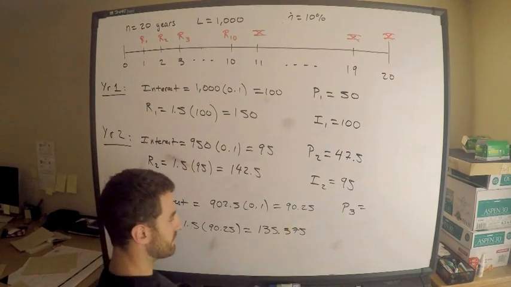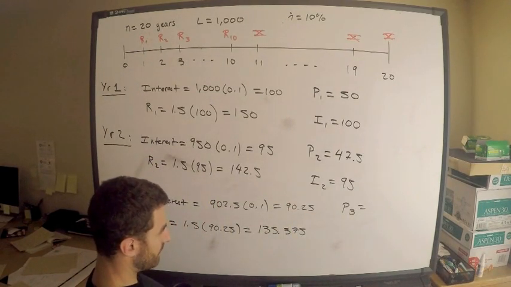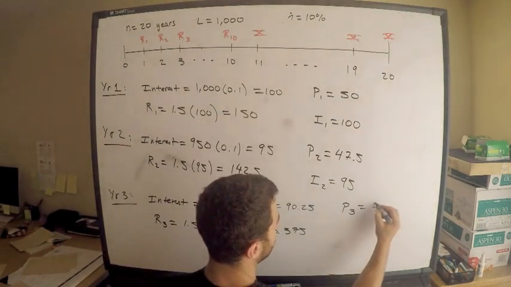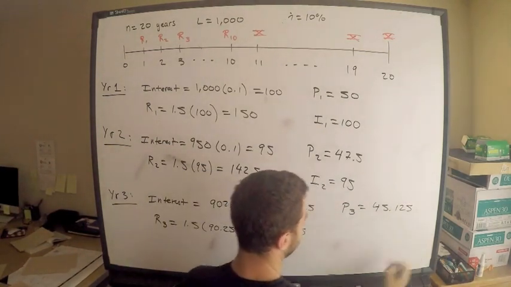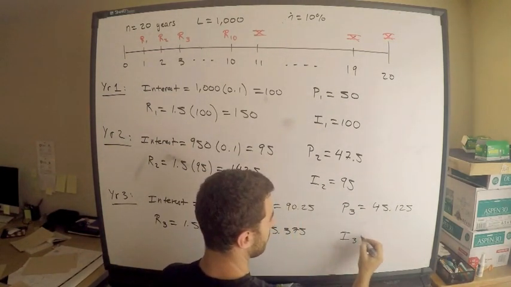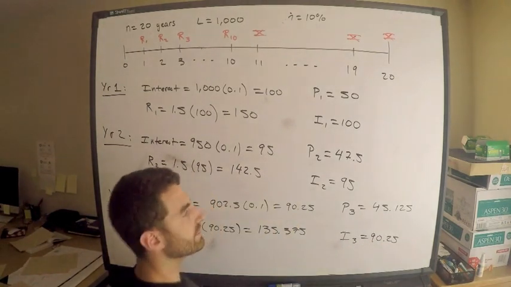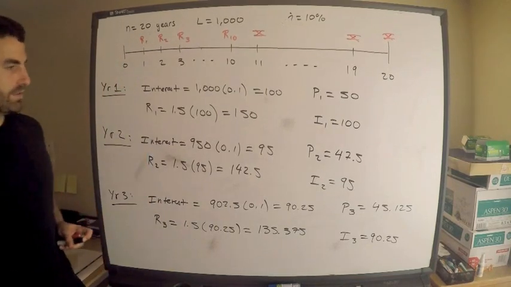It's this minus this, so it's minus 90.25, which is 45.125. And the interest portion of this is 90.25. So hopefully you understand what I'm doing. This is common notation, so hopefully this makes sense.